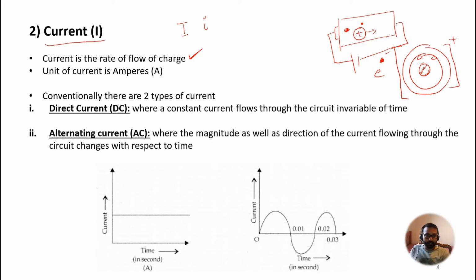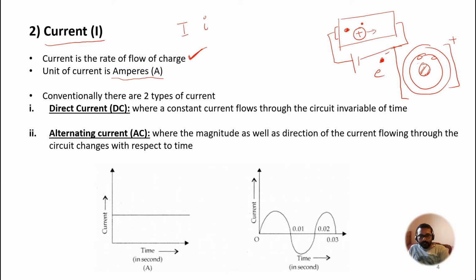But the best definition is that current is the rate of flow of charge, right? It could be either positive or negative. Anyways, now the unit of current is amperes, and it is represented by capital letter A, right?